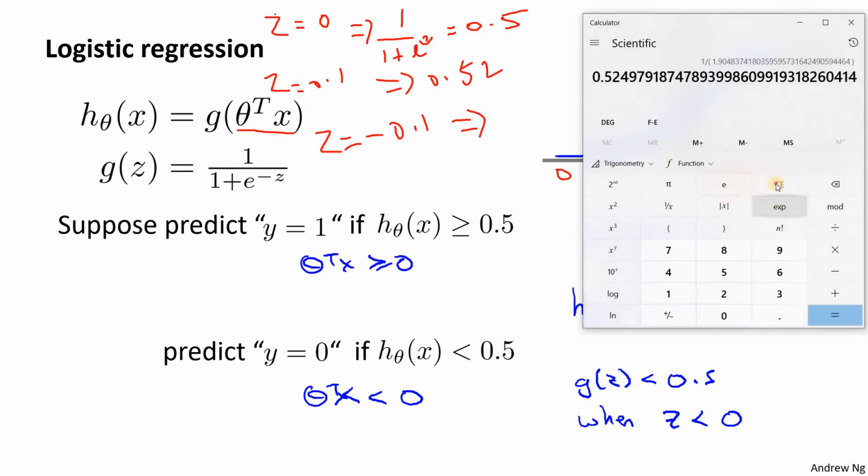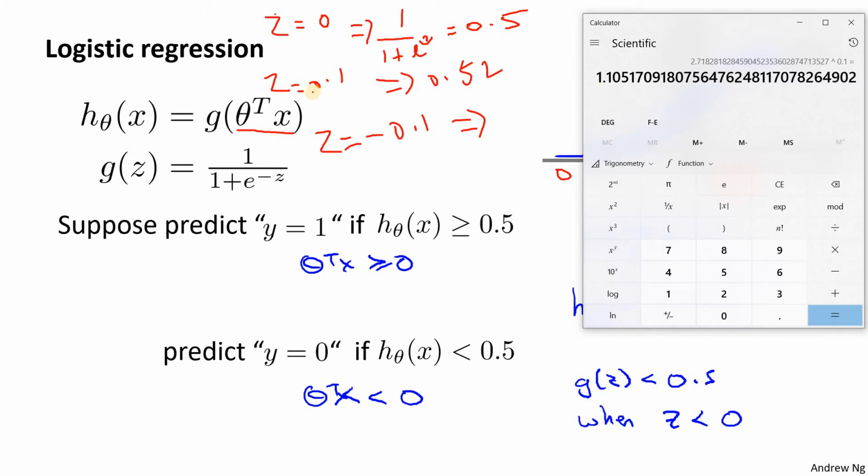Here I will take again the e, and this time the power will be minus minus 0.1. So minus and minus 0.1 will become plus 0.1. So I will have e power 0.1 with no negatives. It will give me this number.